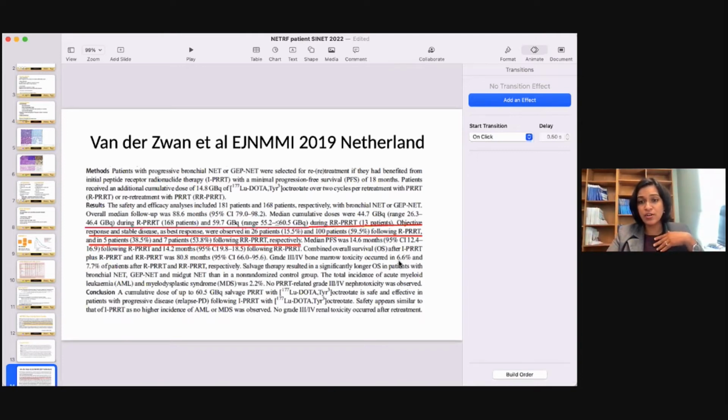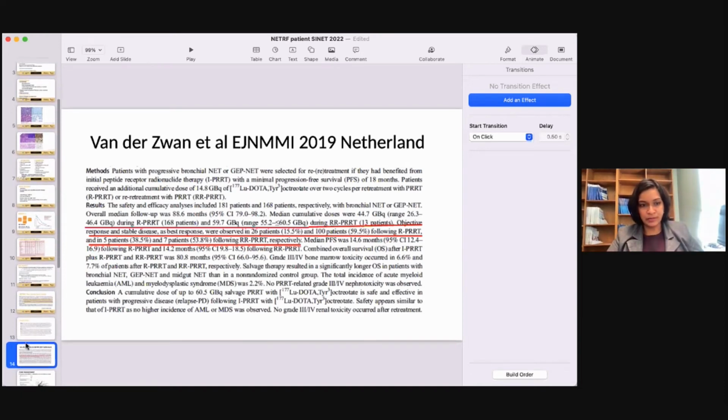Toxicity is another concern, and it's hard because when you get numbers that are smaller and smaller, it's hard to make conclusions, but you did notice the bone marrow toxicity went up by 6% compared to the first time. Does the leukemia risk go up when you get further in this group? That's the largest group reported so far, and it was still at 2%. That's the same as you get with the first round of PRRT. So it's very hard to conclude when the numbers get smaller.